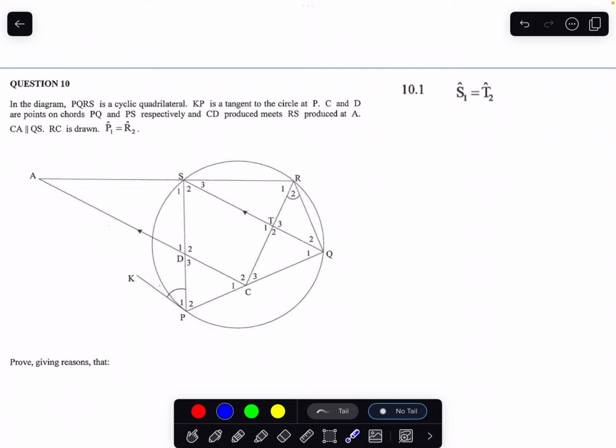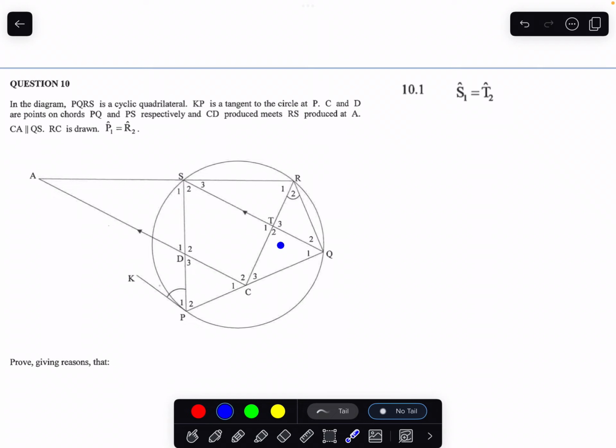RC is drawn, and P1 is equal to R2. Prove, giving reasons, that S1 is equal to T2.